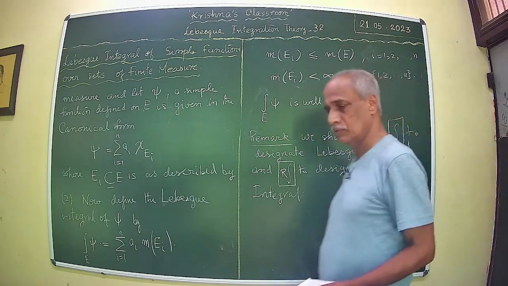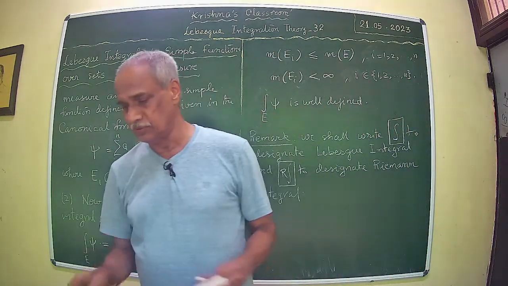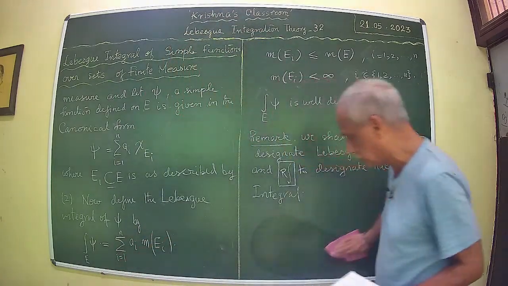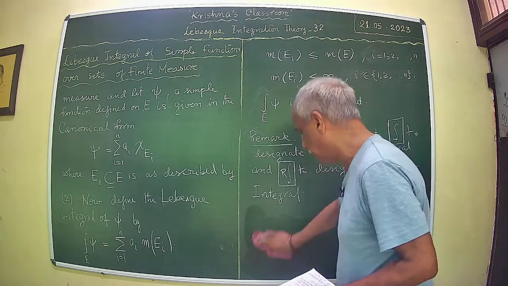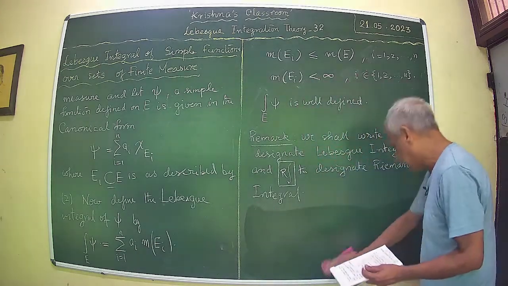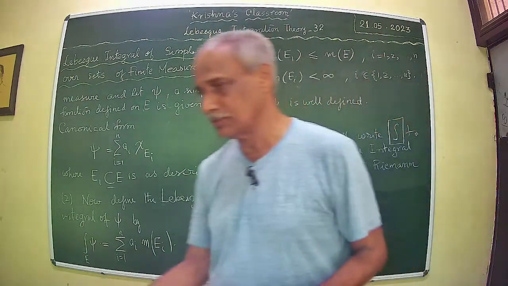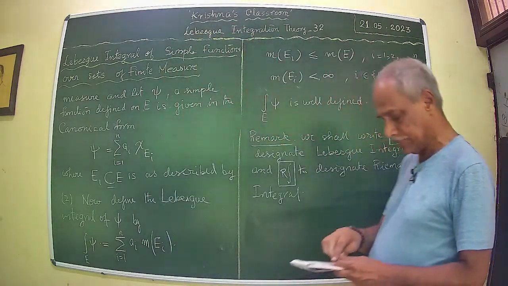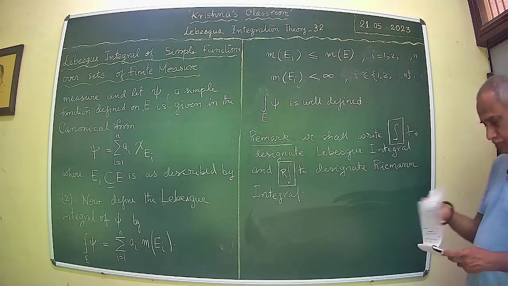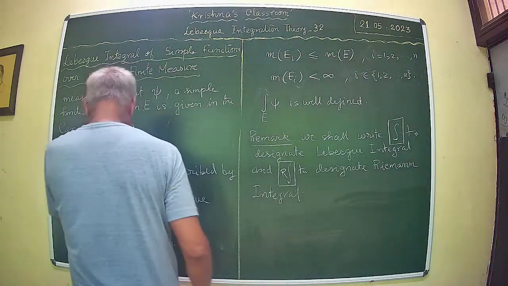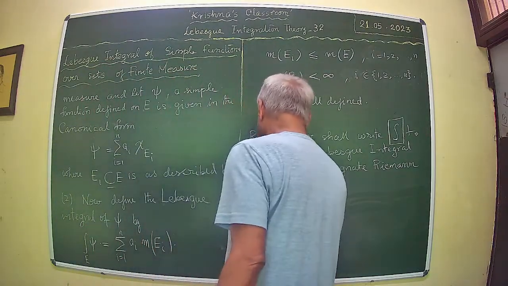Okay, so that there is no confusion what type of integral we are talking about, because we will have to simultaneously look at both together, and then it is better to have clarity about it. Okay. Now the first theorem that we prove is this.